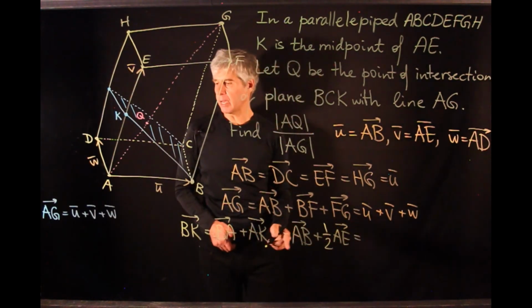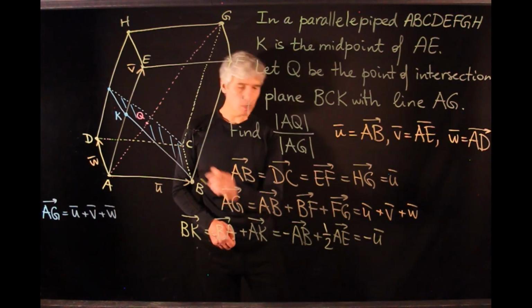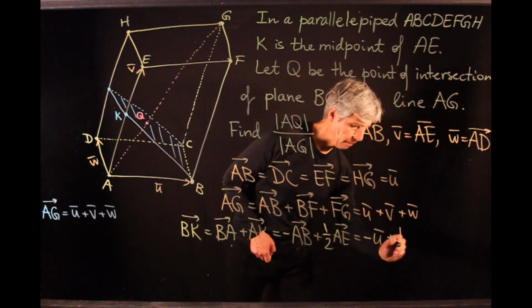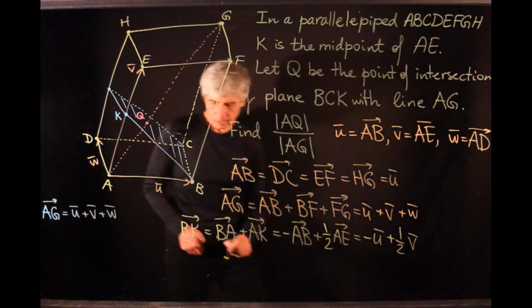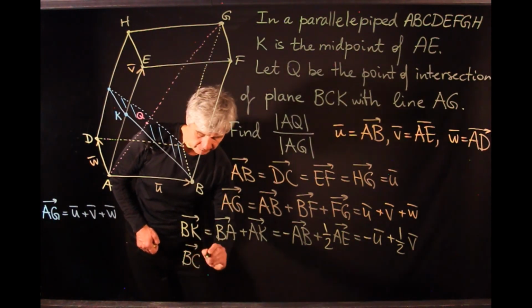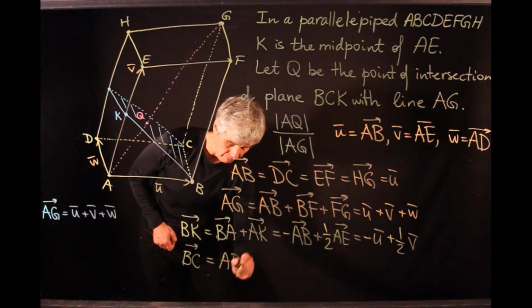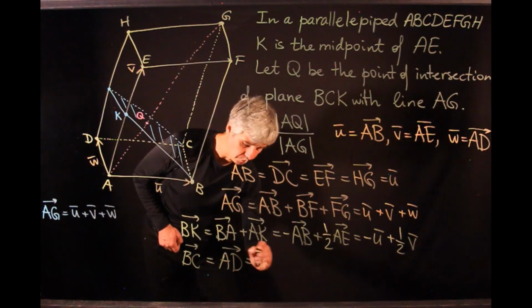And this becomes negative u plus 1/2 v. And we have another vector, BC. This vector is equal to AD, and so this is just w.